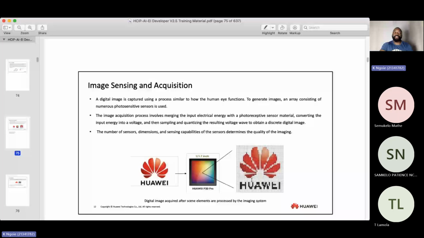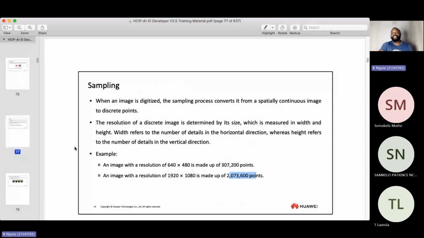A low resolution picture will mean that there's less grid, fewer points taken into account. But when you take more points, it has more details. So the higher the spatial sampling, the more pixels, the higher the resolution, the more details we have of the picture.